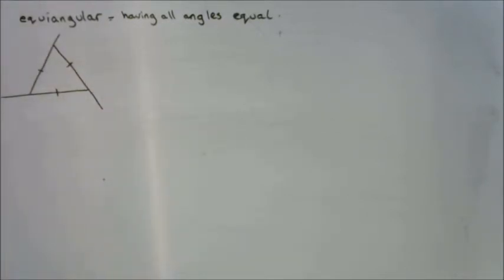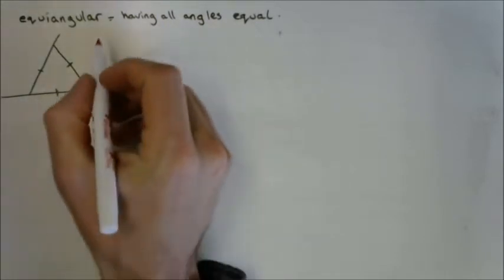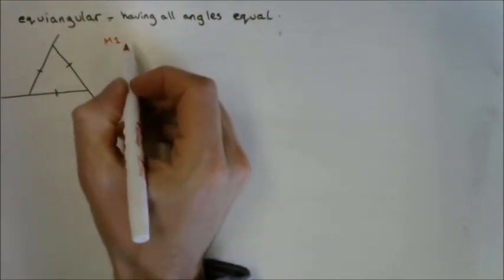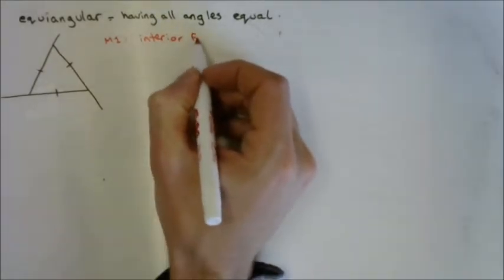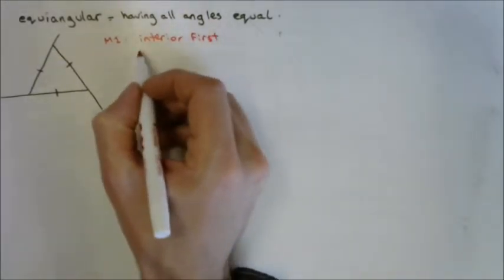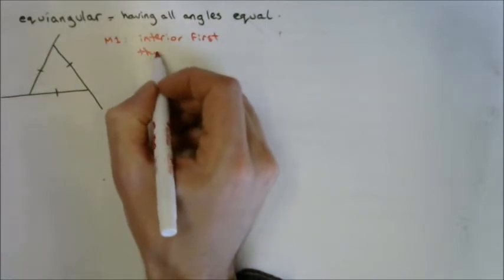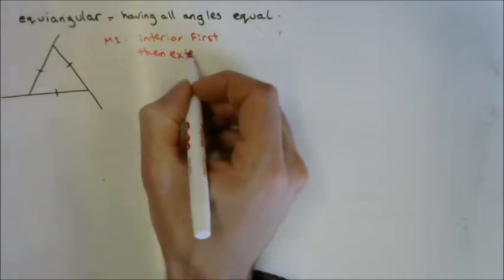And so there's two methods to calculate this. One method would be to calculate the measure of an interior angle. Okay, so method one, go interior first, then exterior.